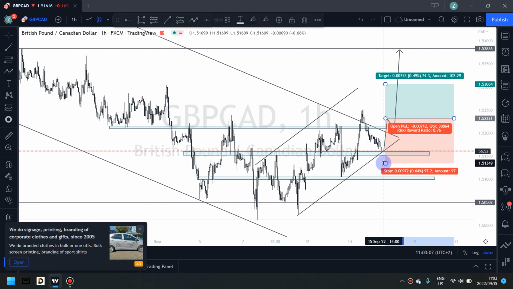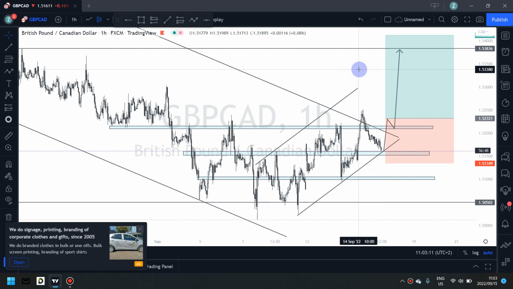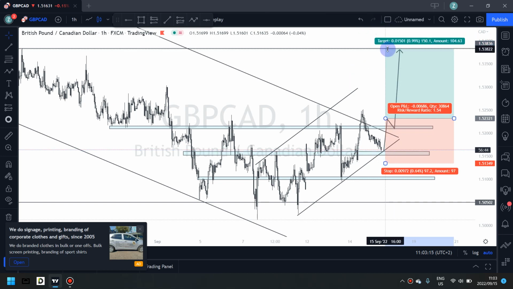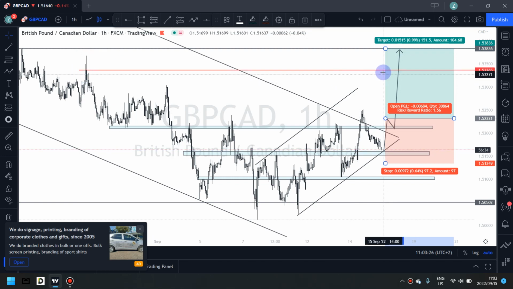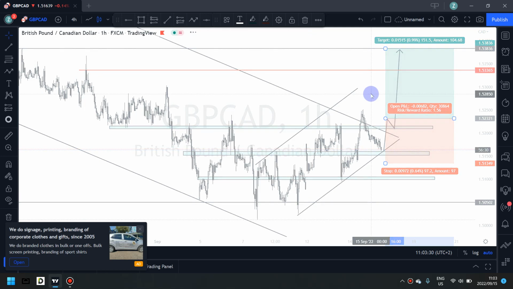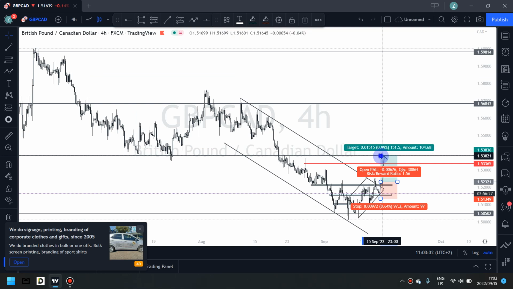So before I leave, this is how my trade would look like. A good one is, as long as it's more than 1.5 at the nearest key level. So if it reaches that key level, you then lock your profit at the red key level, right? You close half and the other half you lock at the red key level.